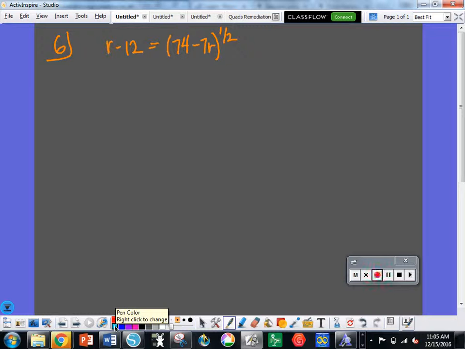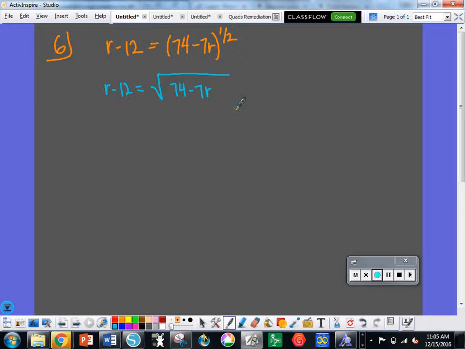Is that okay? Yeah. So nothing happens on the left. What happens on the right? This is 1/2, which means what's the radical? The index is 2. And then the power is 1. Any questions with that first step?